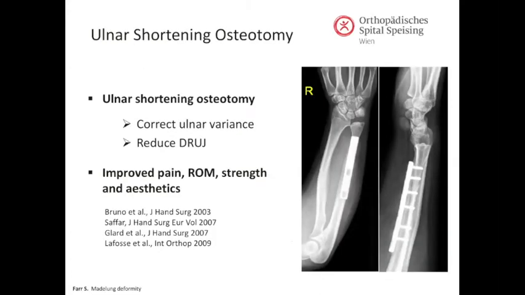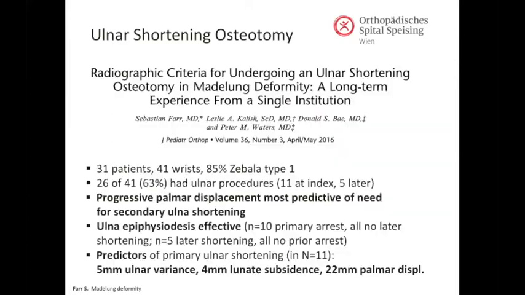With regards to ulnar shortening, this is another osteotomy which might be necessary to correct the ulnar variance and to reduce the distal radioulnar joint. There are lots of papers which show the positive results of ulnar shortening osteotomy in this disease. The question is, when do you need to shorten the ulna? This was also a paper done with the Boston guys a few years ago.